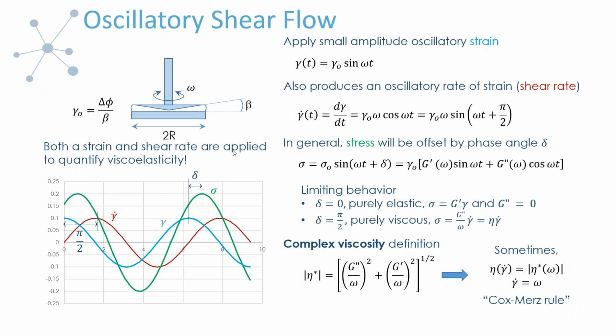I would say that the better range to operate in with that rule is at the lower to moderate frequencies and rates. One reason for that is that when you try to go to high frequencies, you have a lot of problems with inertia in your measurements, and there's really a limit to how high in frequency you can get. So it's hard to get to high frequencies.